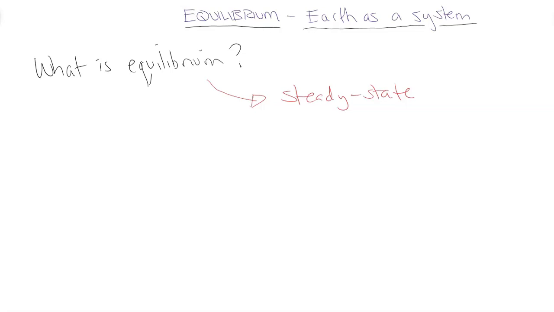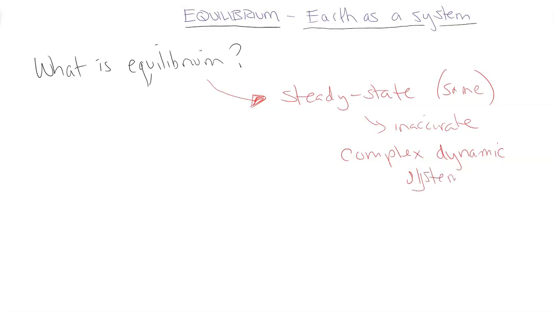Now, at the basic level, you can tell your students that they are the same. However, at the advanced level, this is inaccurate, based on the Earth, the planetary spheres working together, being a complex, dynamic system that is constantly changing over time.